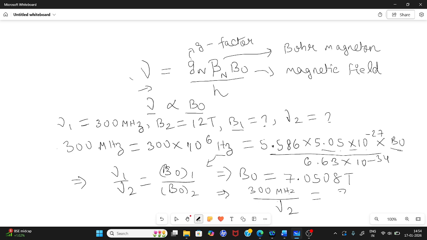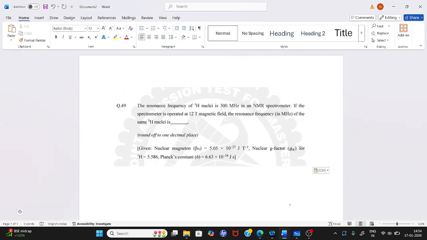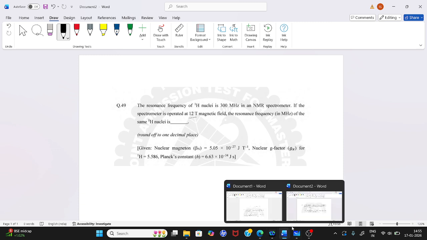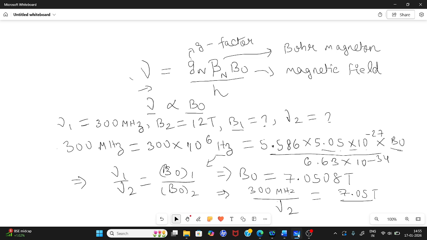B naught 1 we just now calculated, 7.05 Tesla, and B naught 2 is already provided in the question. It's 12 Tesla, operated at 12 Tesla magnetic field. So you just have to put the values, divided by 12 Tesla.